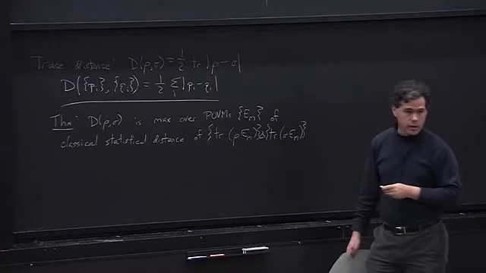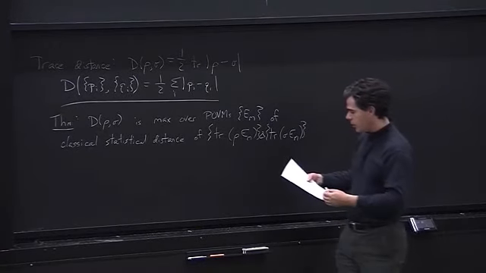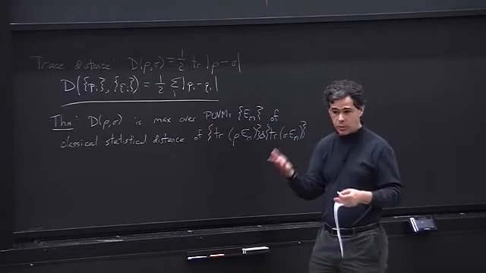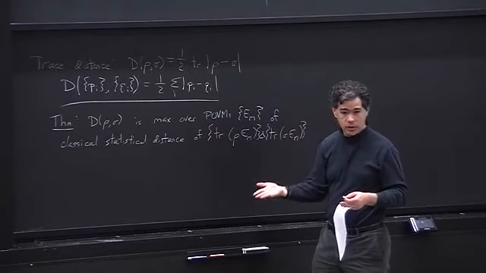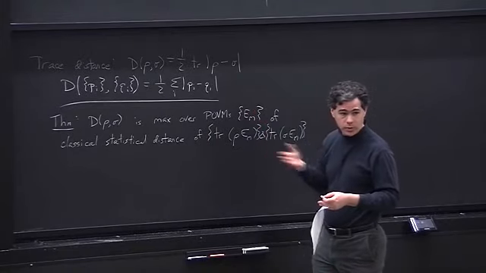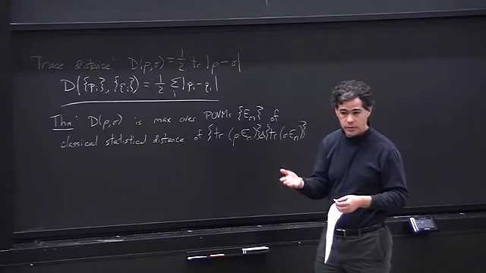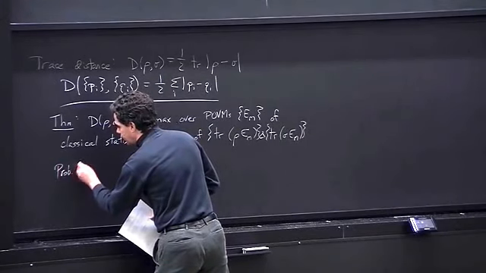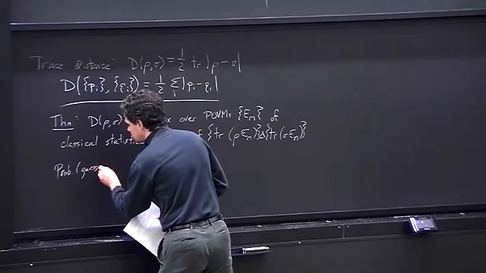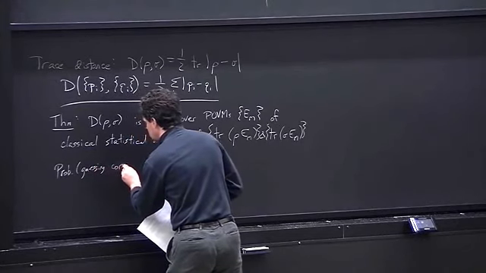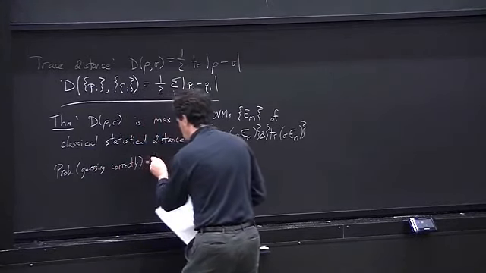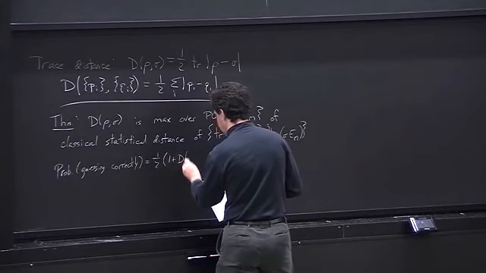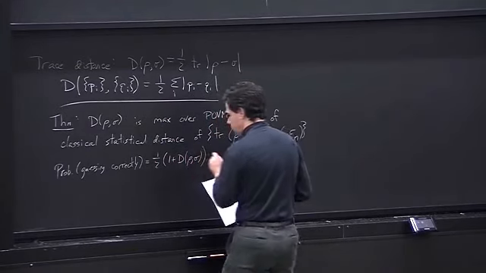Okay, and this turns out, if you have a 50-50 chance of having rho or sigma, and you want to guess which one you have, to be the best possible measurement you can make to figure out which one you have. And the probability of guessing correctly is then 1/2 (1 plus the trace distance).